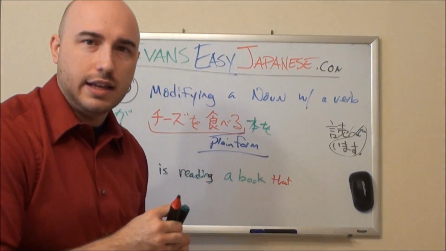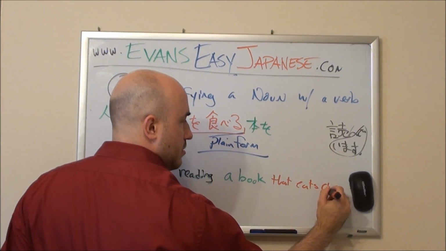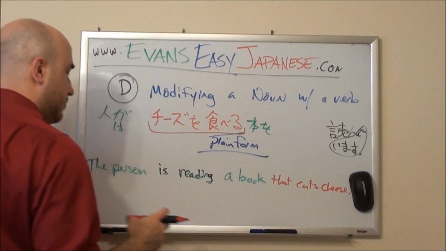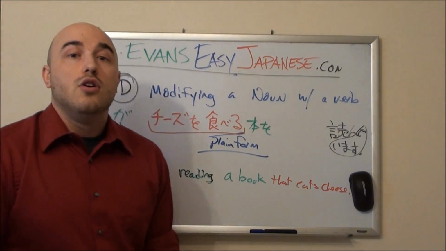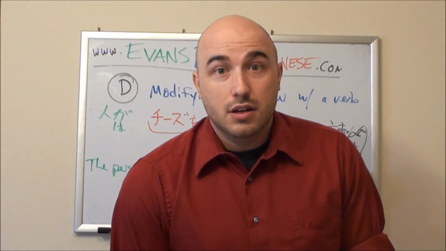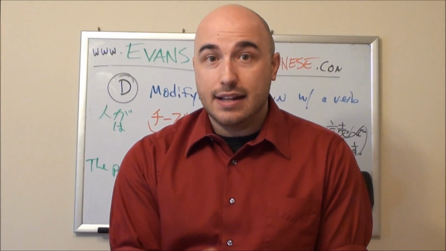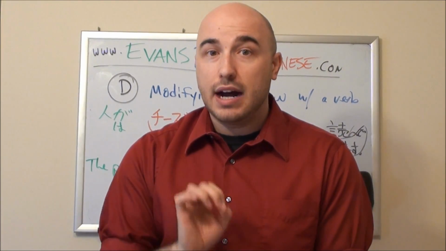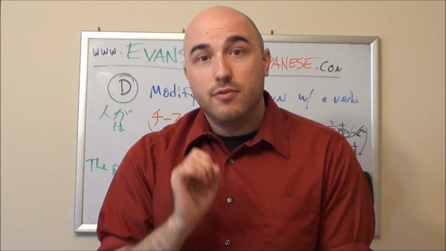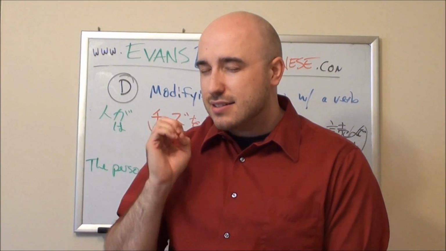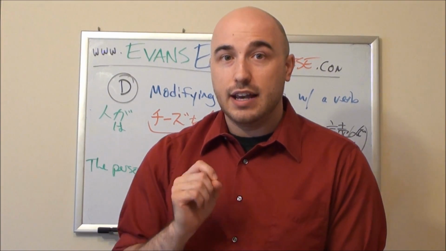Japanese we don't do that. Nothing like that in Japanese. That eats cheese. The person is reading a book that eats cheese. We're using a plain form verb, exactly like an E adjective, in order to modify a noun.